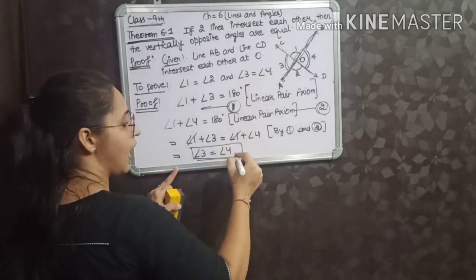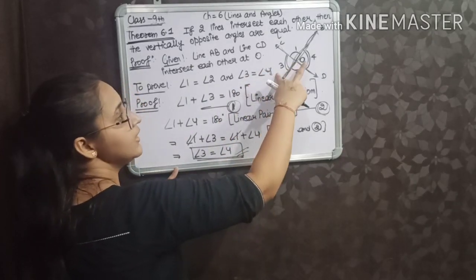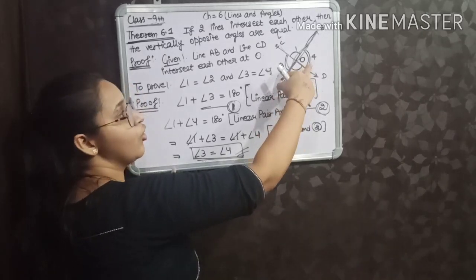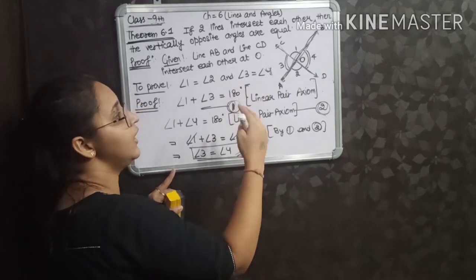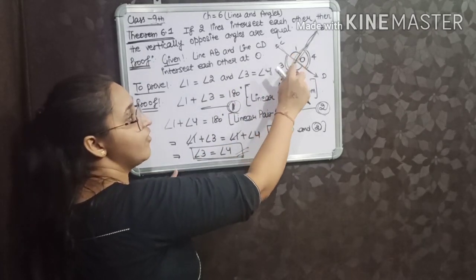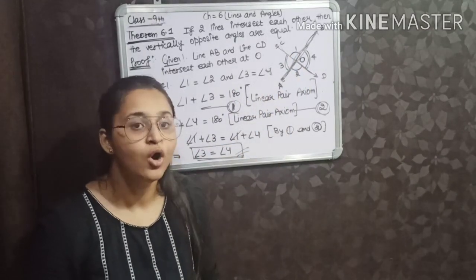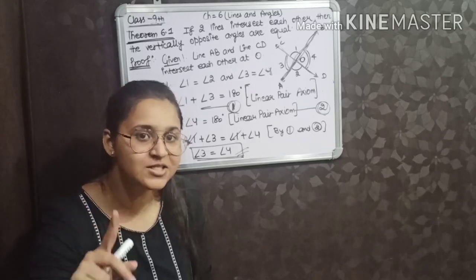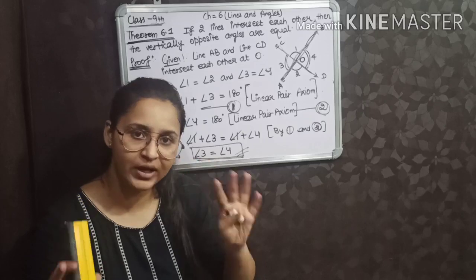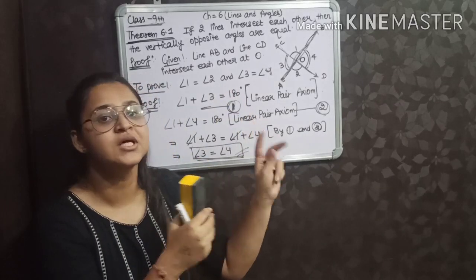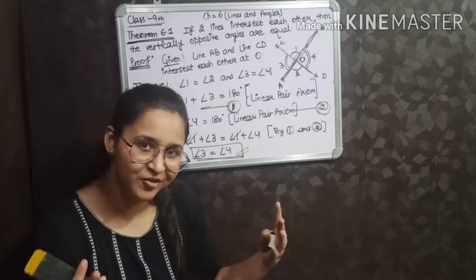So this is our proof that angle 3 is equal to angle 4: vertically opposite angles are equal. Similarly, we can prove that angle 1 is equal to angle 2. Now, I am giving you a task to prove that angle 1 is equal to angle 2. It is very easy, similar to this. Do this in 5 minutes. I am waiting for you.